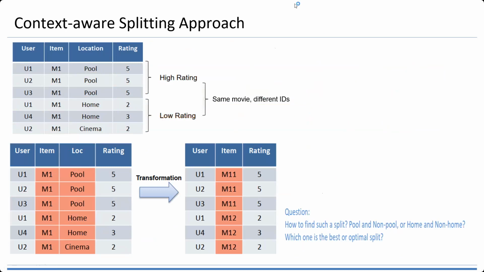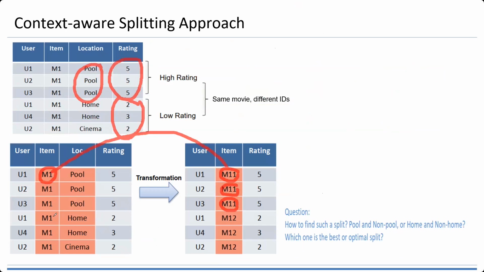Because we know that those are high ratings and those are low ratings, and we know this is movie M1, we give more information to M1, which is M11. It means this M11 is movie 1, and all users watched it in location 1, which is the pool.